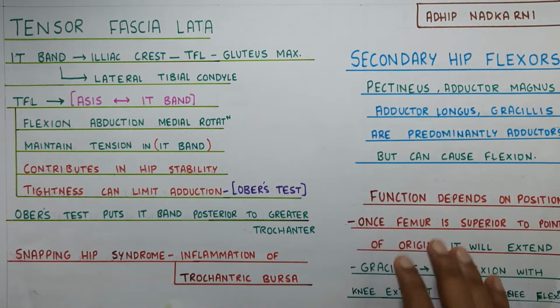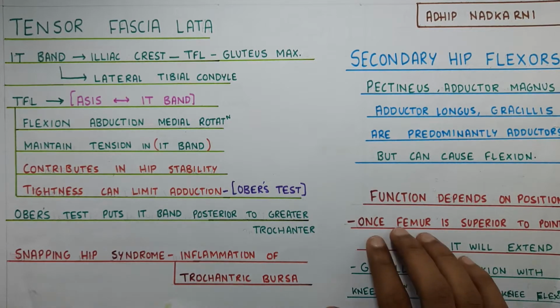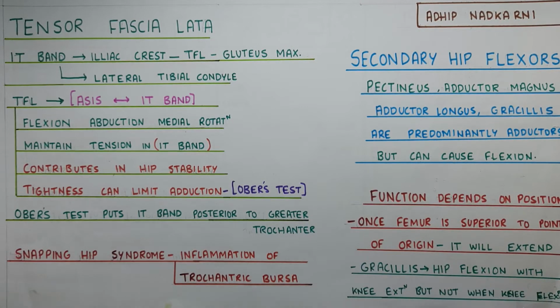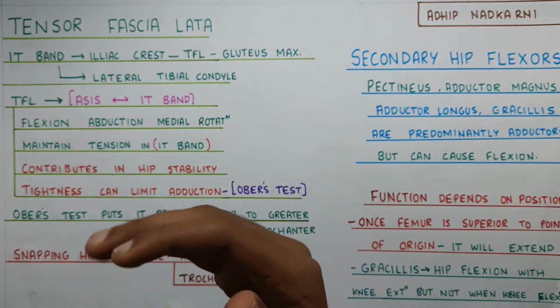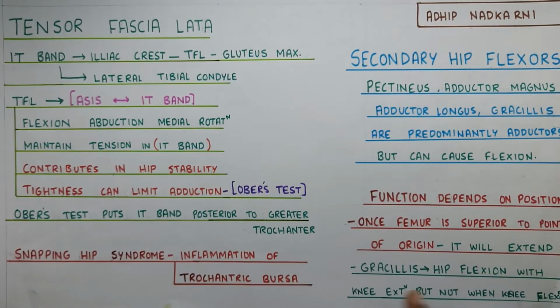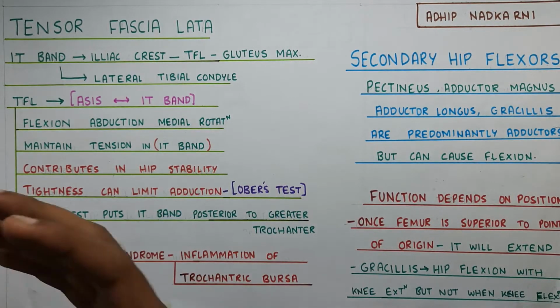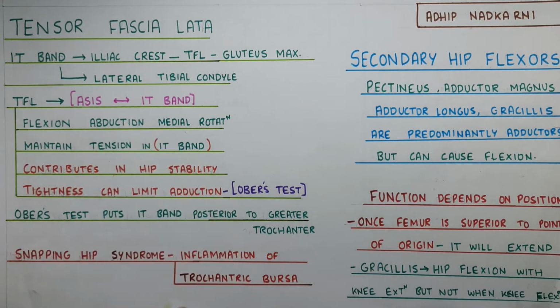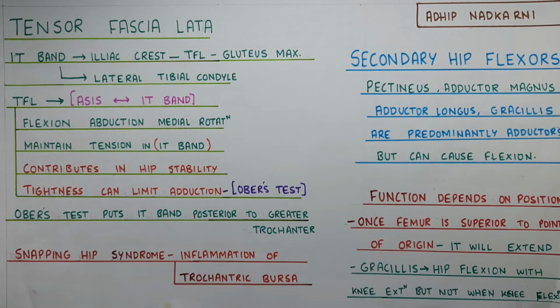Now going to the next part, the function dependent position. Once the femur is superior to the point of origin, so wherever the muscle is originating from, if the femur crosses that point, it will extend. What I mean by extend is that these flexors can do the function of extension when your femur goes more superior to the point of origin.